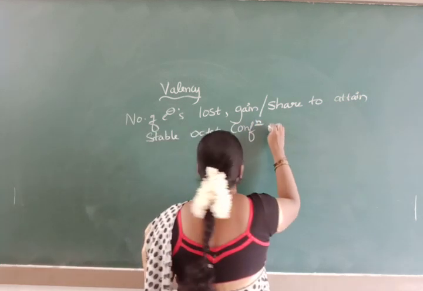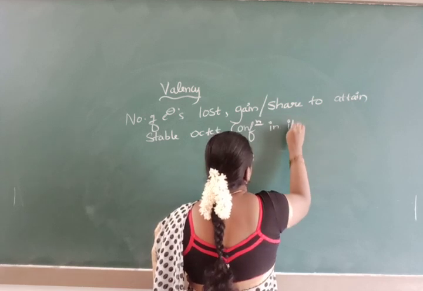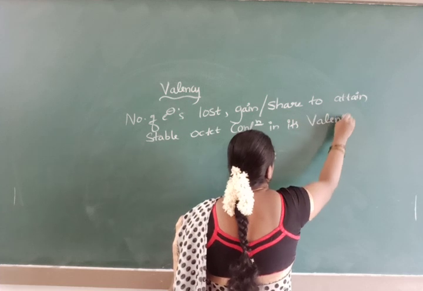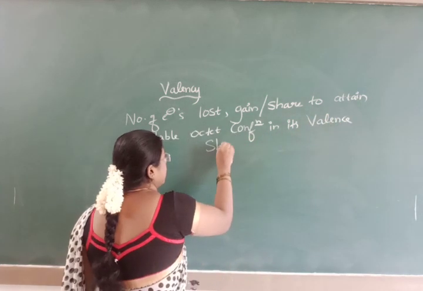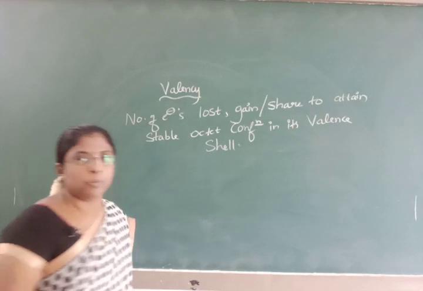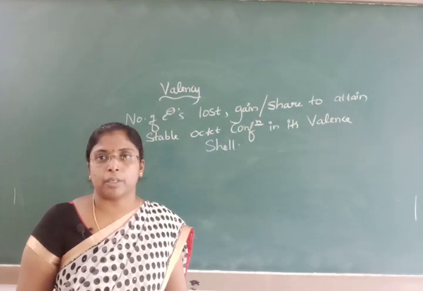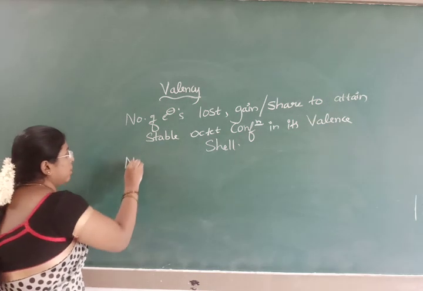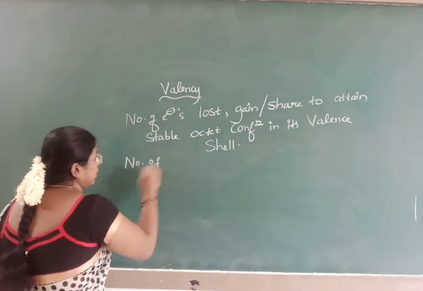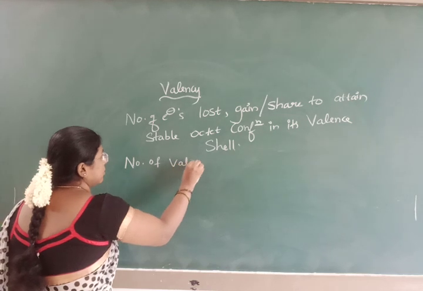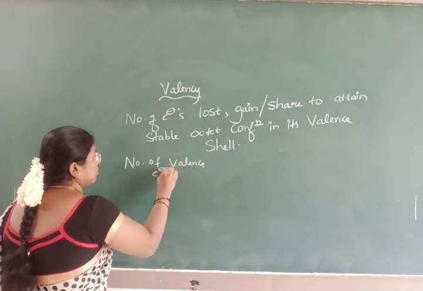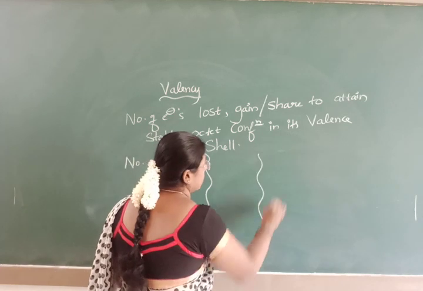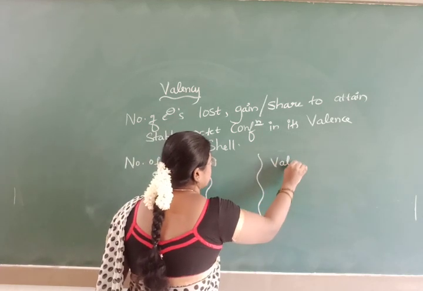Octet configuration in its valence shell; you can write it as valence shell, outermost shell or ultimate shell. Here, the number of valence electrons gives the valency.